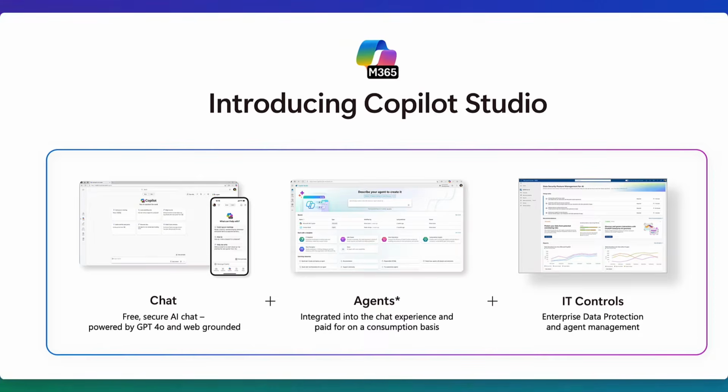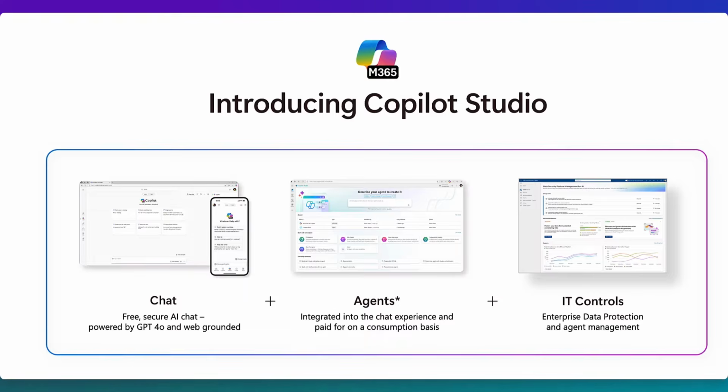Basically, this is a low-code development platform that lets you build a custom AI agent tailored specifically to your organization's unique data and systems, right? If you ever wanted an AI agent that was truly yours, in your platform, and you can do some cool stuff with it, Copilot Studio is where you go to spin this up, create it, and get it working, right? So let's go ahead and take a quick tour.